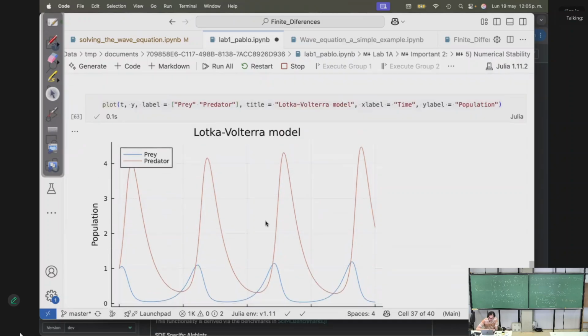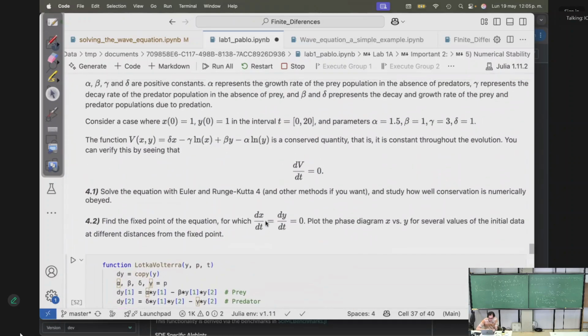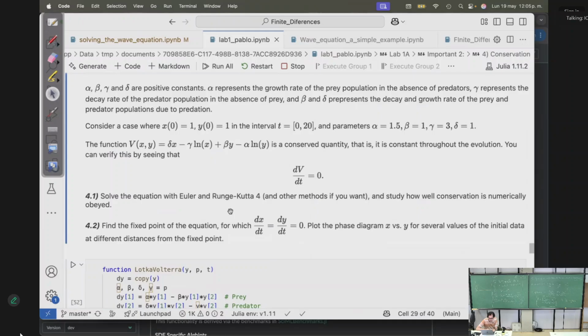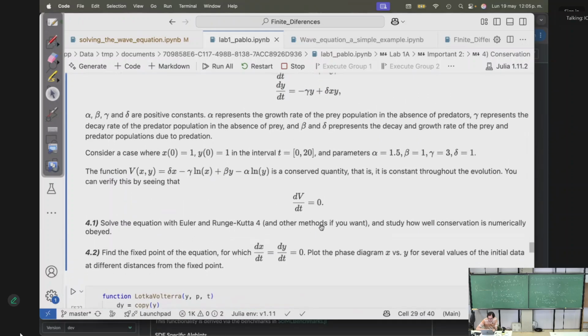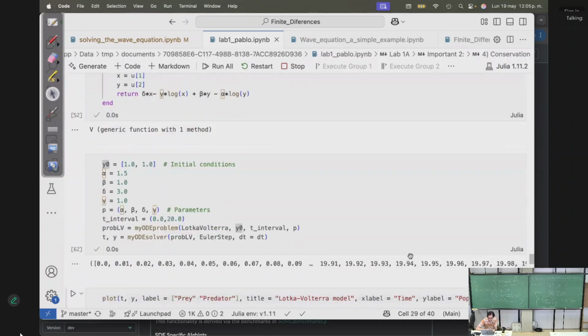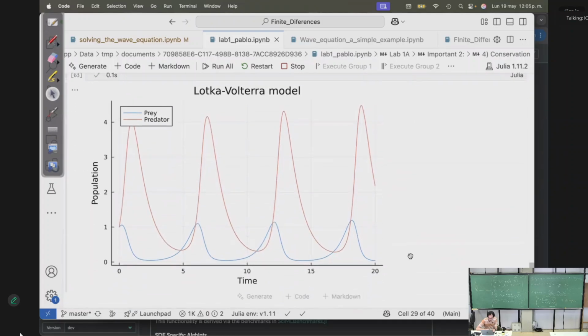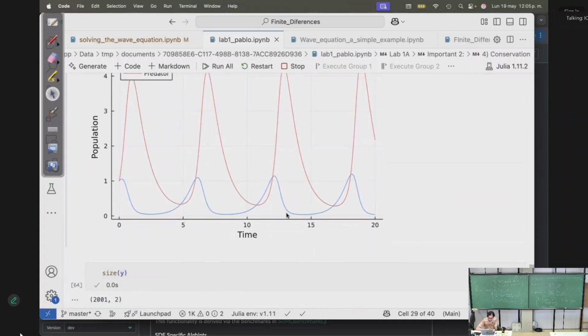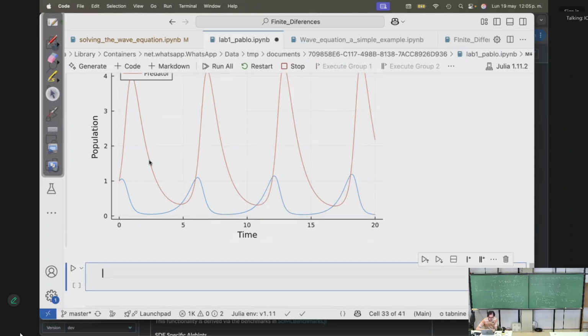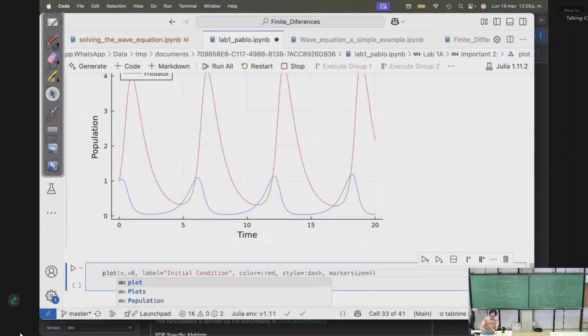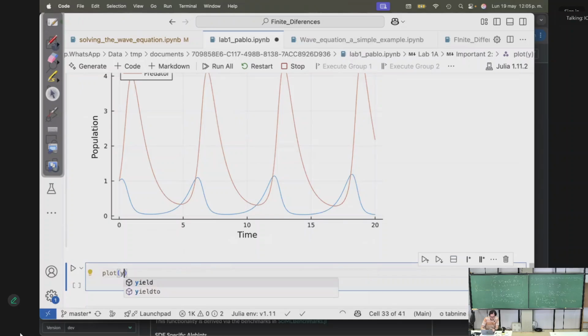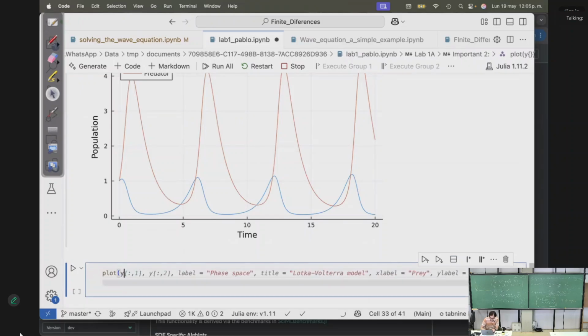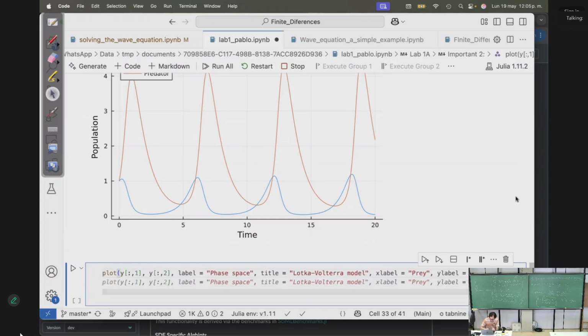Okay. On the other hand, the problem also asks us to plot the phase diagram of X versus Y. So we want to see how many predators there are for a given prey population. So what we are going to do is plot here Y. Here it is.